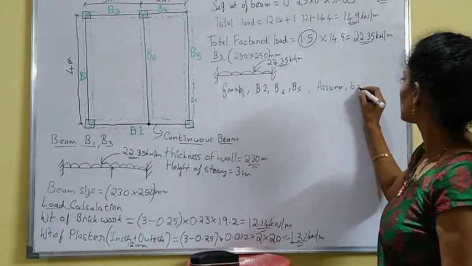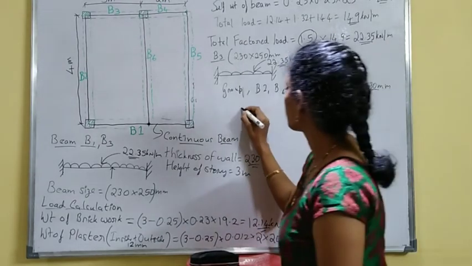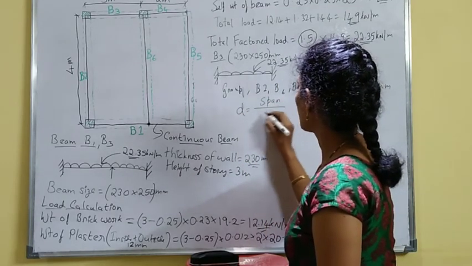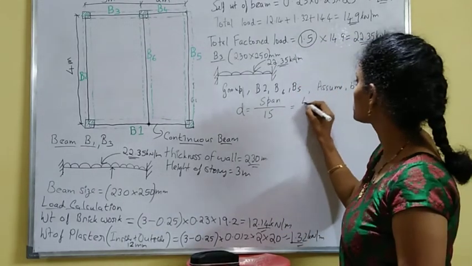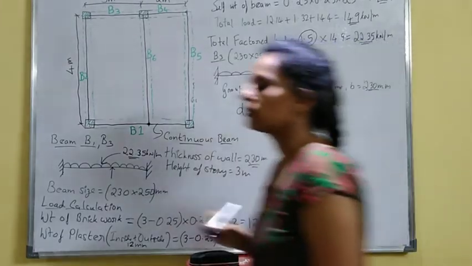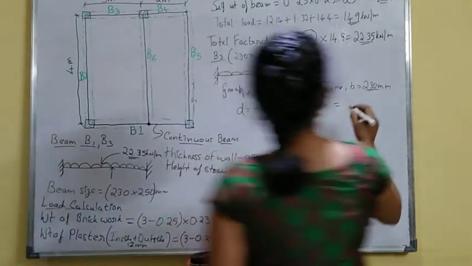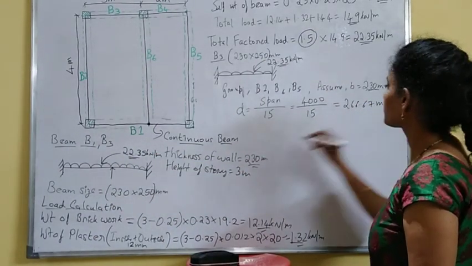B, that is 230 mm, then effective depth d, that is nothing but span by 10 to 15, I will take 15. Span is 4000 divided by 15. So effective depth will be 266.67 mm.